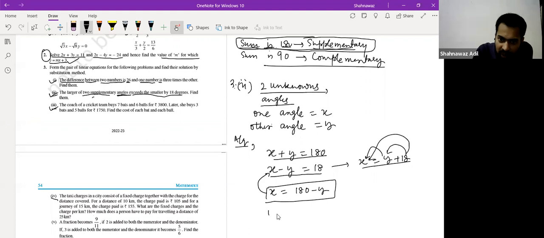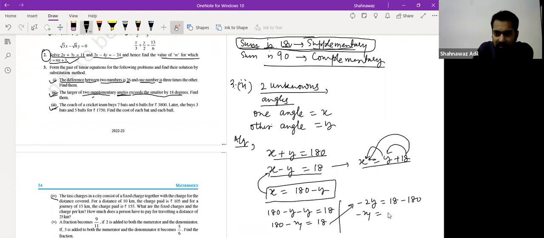So 180 minus y minus y is 18, so 180 minus 2y is 18. So this goes here: minus 2y is 18 minus 180.